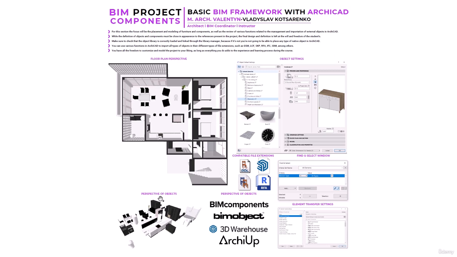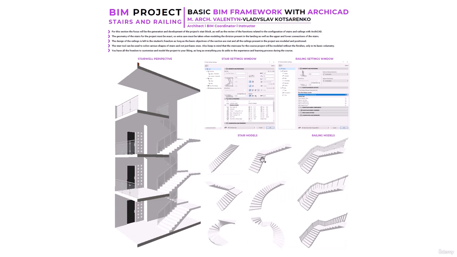Everything in order to furnish the floor plan and the model for the project. Once you finish furnishing the project, we jump into more complex stuff such as the different types of stairs we can start modeling within ArchiCAD, how you can solve different types of stairs, and how you can solve the stairs specifically for the project.